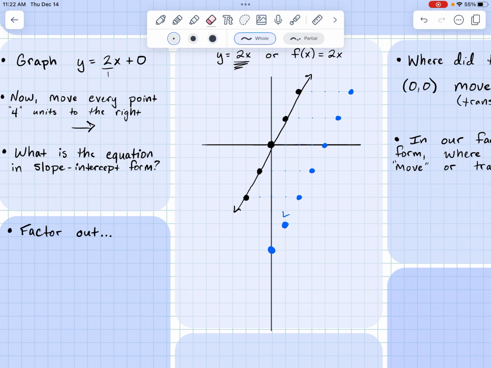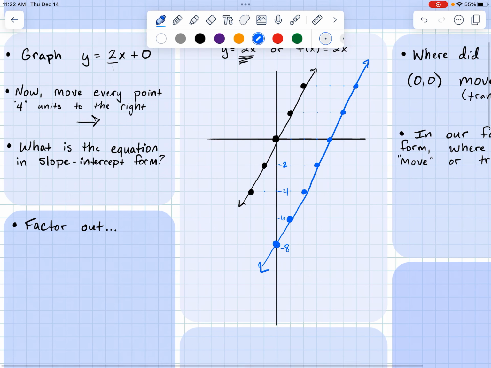And this is going to give us the y-intercept for this graph. Okay, so where is that y-intercept? Well, we just have to count. This is -2, -4, -6, and -8.